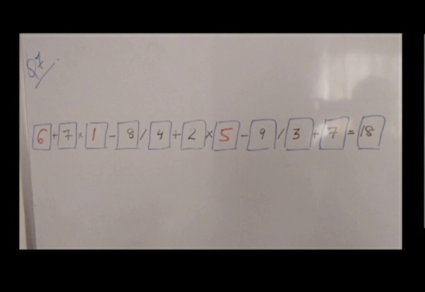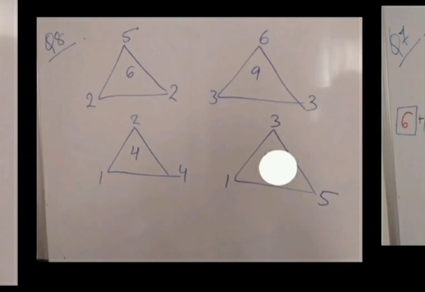We need to follow the BODMAS rules. That means we should first solve the bracket, then division, then multiplication, then addition and subtraction, and so on. So keeping the rules of BODMAS, you should solve such questions and make them equal to the right hand side.